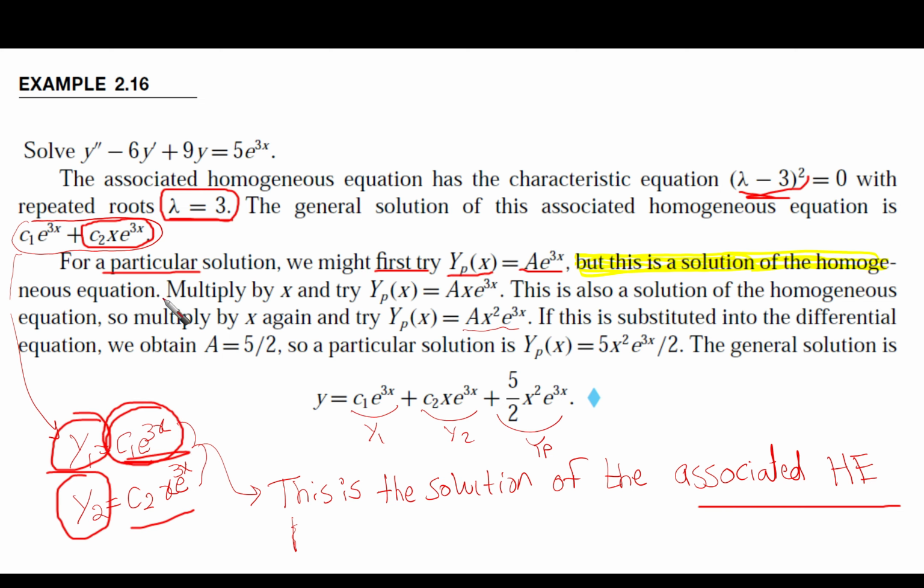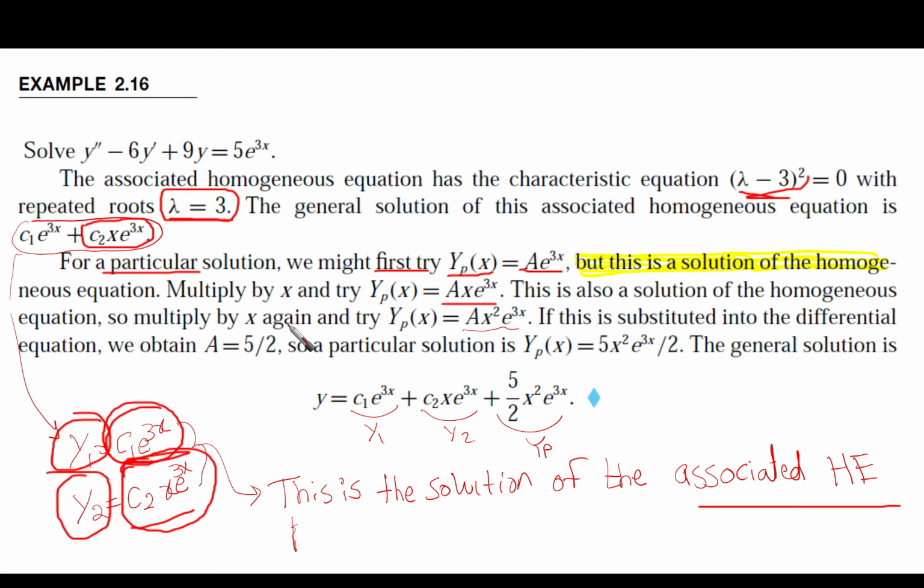Then the strategy says to us, multiply by x and try y particular a x e to 3x. This is also a solution of the homogeneous equation. Here we have c2 x e to 3x, so we cannot use it.